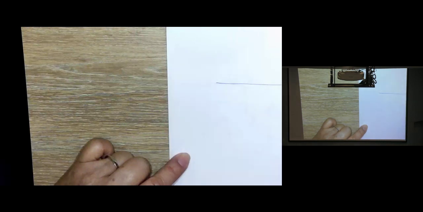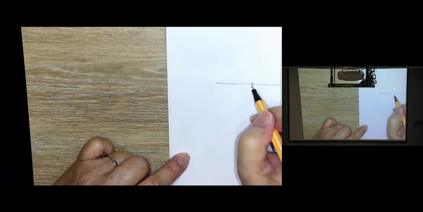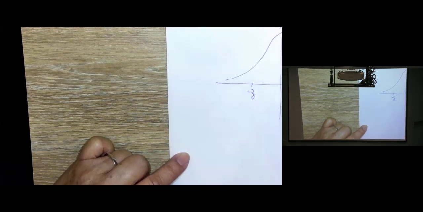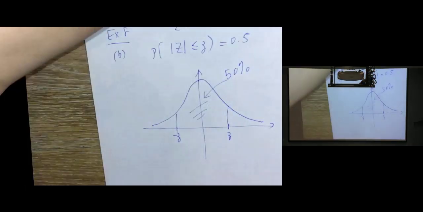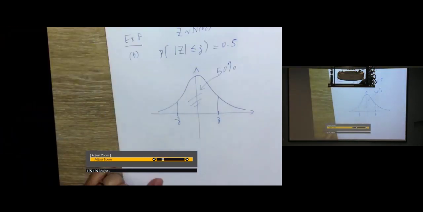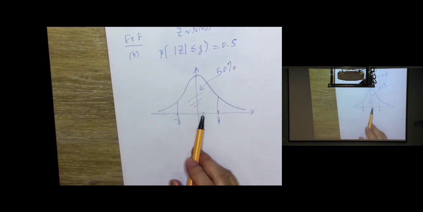What it means is this: we want z here and minus z there, so that this area is 50%. The middle part is 50%.